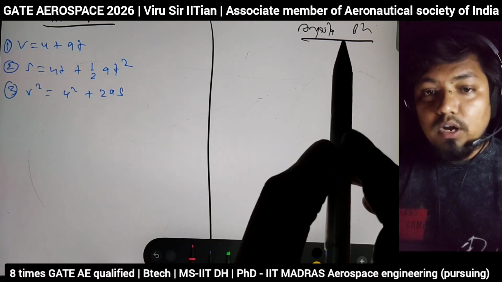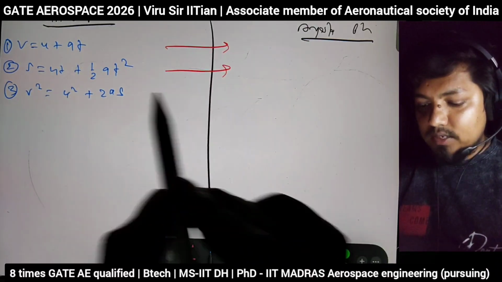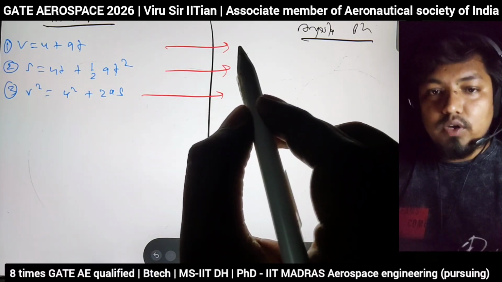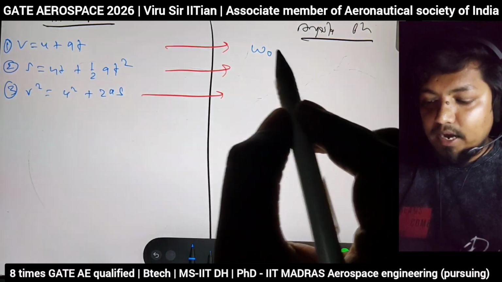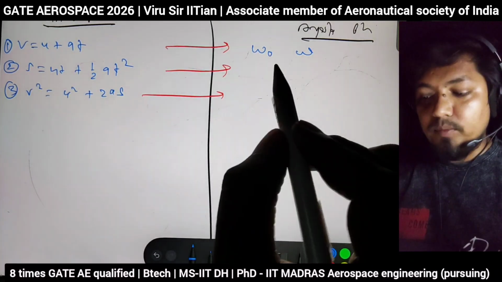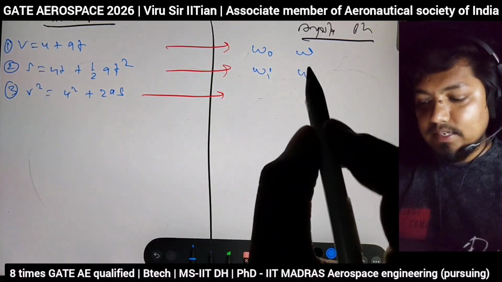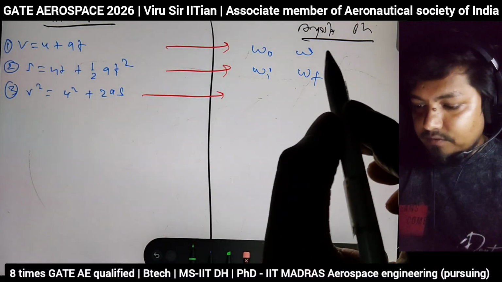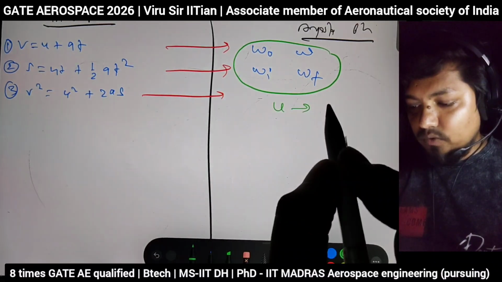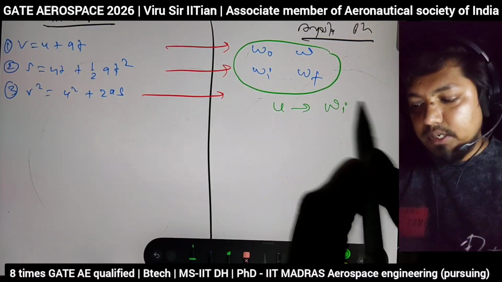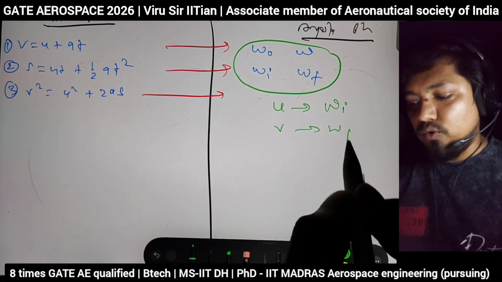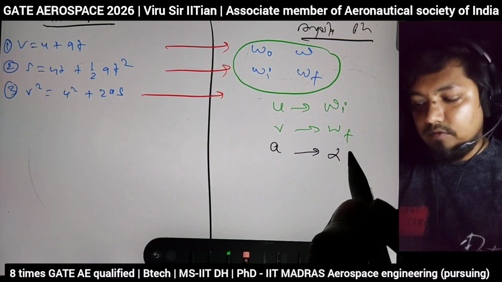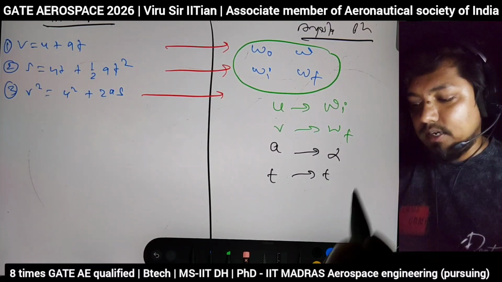But when you have angular physics, then all the formulas will change. Your initial velocity will become omega naught, final velocity will become omega, or you can say omega i as initial, omega f is final. I mean to say, when you relate this, then u will become your omega initial, v will become your omega final, acceleration will become alpha, time will be time.